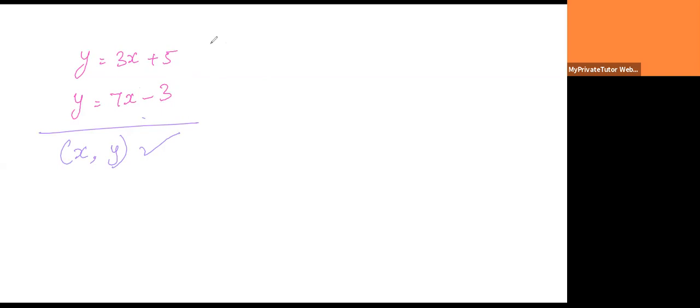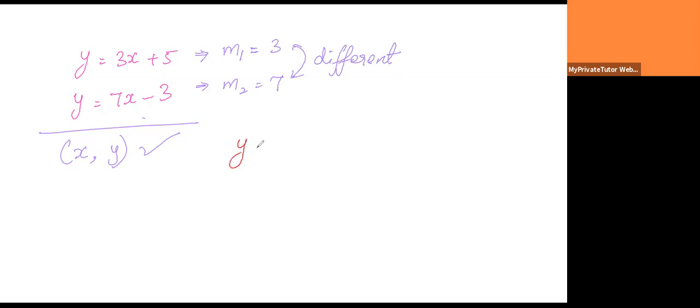Why? Just check the m value, guys, which is the slope. The slope of the first line is 3, the slope of the second line is 7. Both are different. If the slopes are different, we will get the solution.